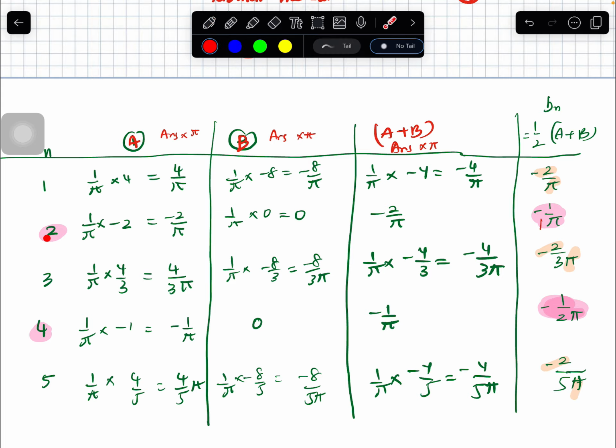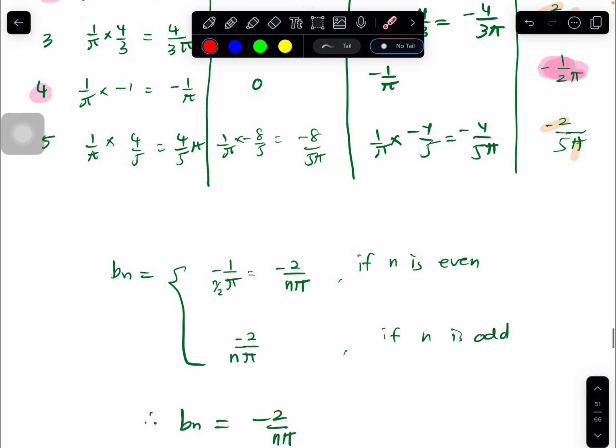When n is 2 we get 1, when n is 4 we get 2. So means that this is n over 2. So this is your formula, negative 1 over n over 2 pi, and when we arrange, we can put the negative 2 on the upper part, and then this is what we have if n is even.